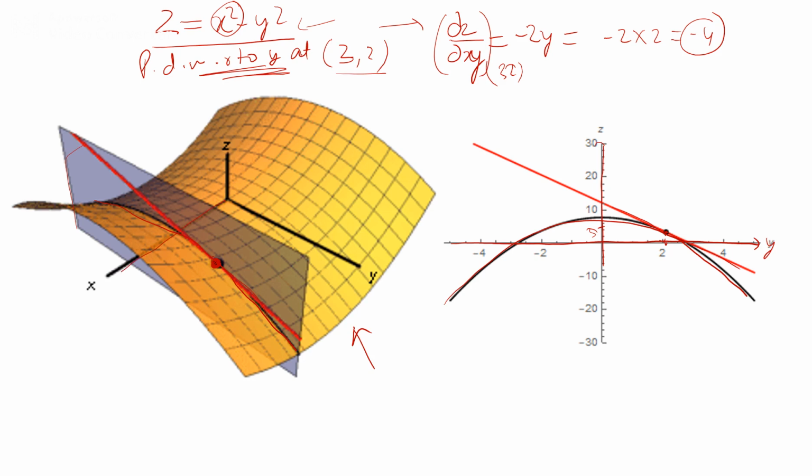So x is a constant and the change is along the y-axis. You have to remember that geometrically the partial derivative is a tangent plane passing through a particular point, and in this manner the partial derivative of any two-variable function is geometrically interpreted.